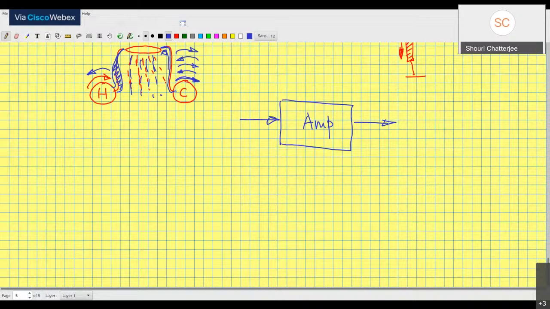You don't need any compensation or anything like that. All is easy, it will work just fine. The problem is that there is a long delay between the input and the output. Sorry, my arrow should be one way.